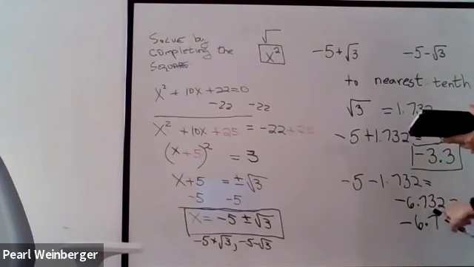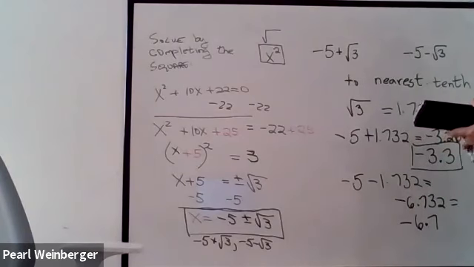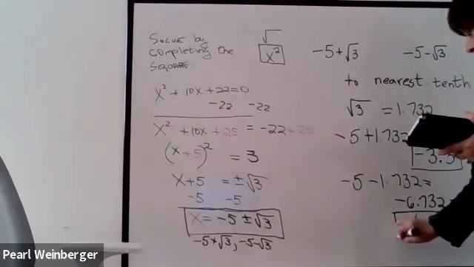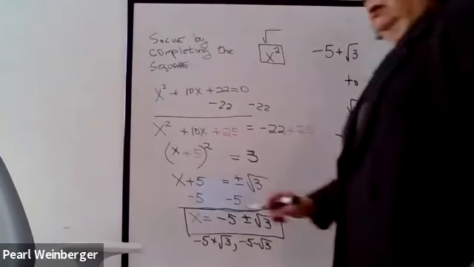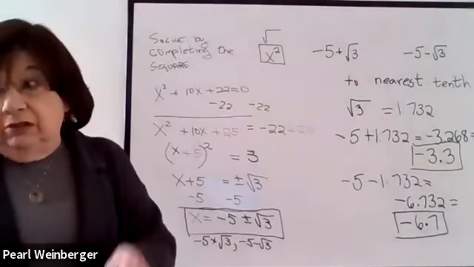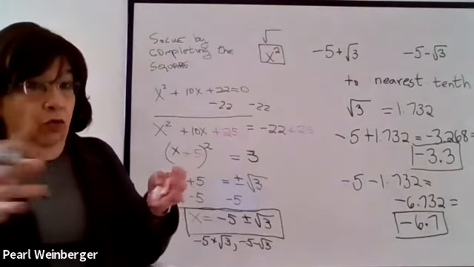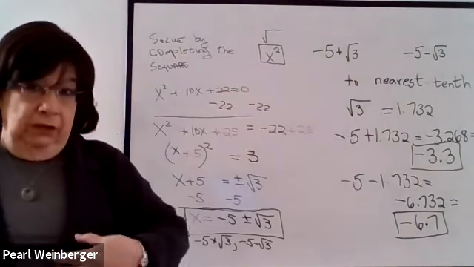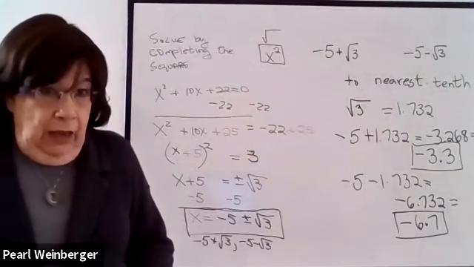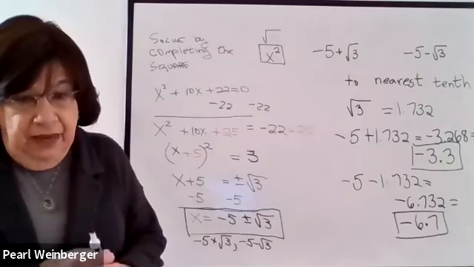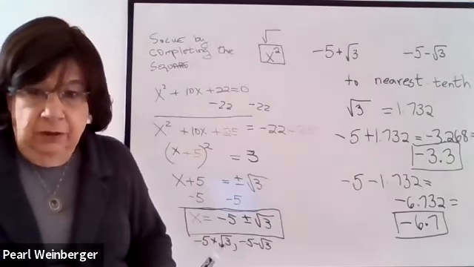Remember, I'm always looking at the number after the 10th place. If it's 5 or more, I go higher. If not, I leave it. Those would be my answers in decimal to the nearest 10th. Again, they might say nearest 10th or nearest 100th. All it means is take the radical, stick it into your calculator and work it that way. Occasionally, that type of question is asked.